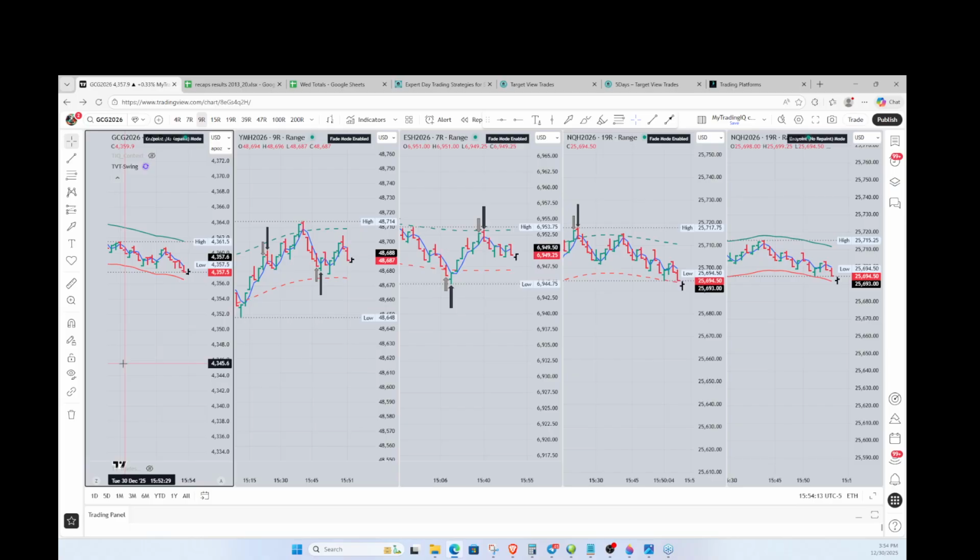I almost don't want to risk anything. We only have a few minutes left in here, and I almost don't want to risk anything, so I'm guaranteed to end this session positive.